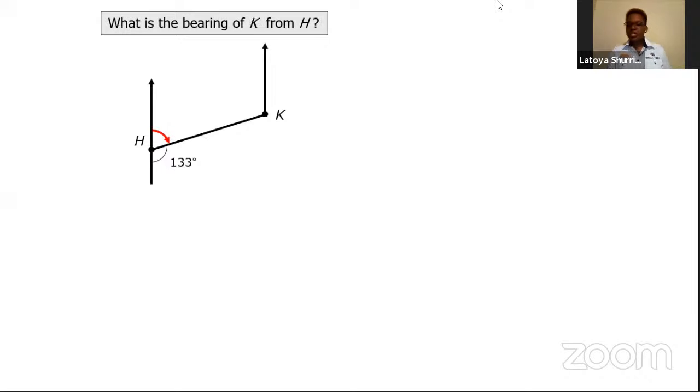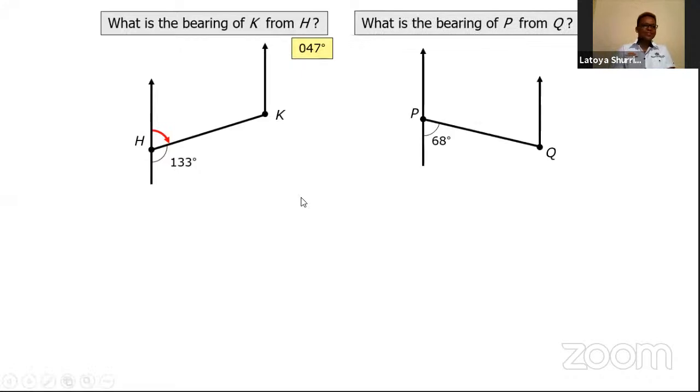If it's 2 digits, that's not a bearing. All right, let's check our answer. So indeed, the bearing of K from H would be 047 degrees, Kevin and Shanice.